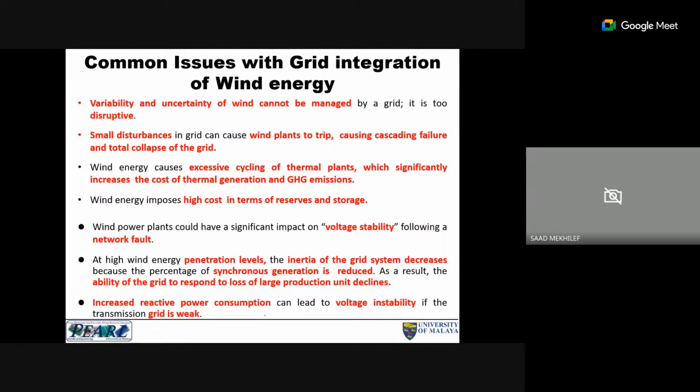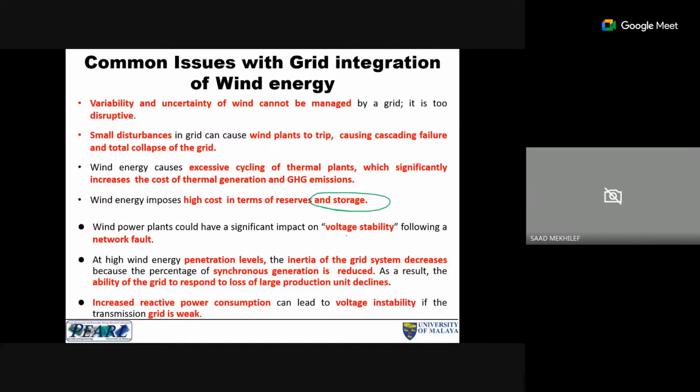But like I say, in a small distributed grid, if it falls, then it cascades through the whole grid, especially if they represent quite significant amounts of power generation. With the energy imposes, there is a high cost in terms of reserve and storage. So, like I said, we go back to the storage. That's one of the solutions that can make wind work, even in microgrids.